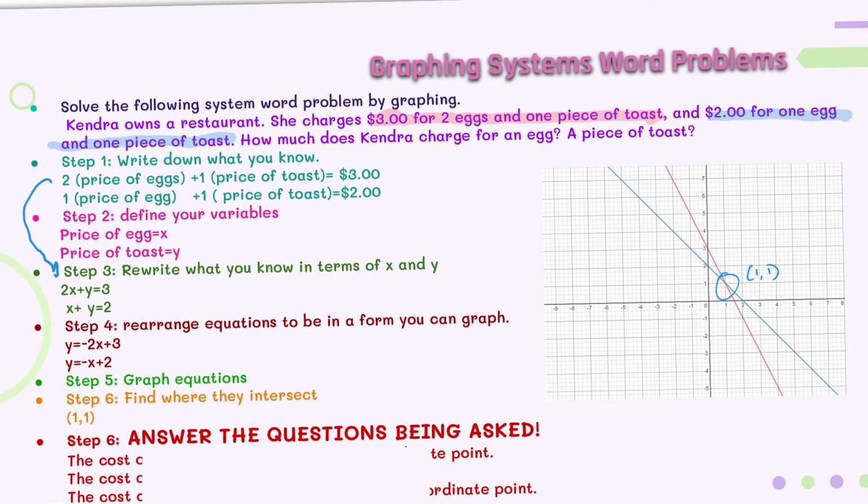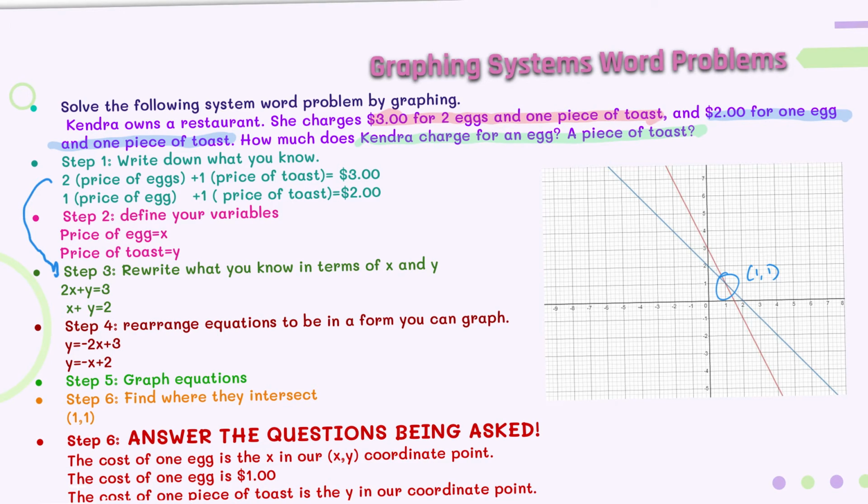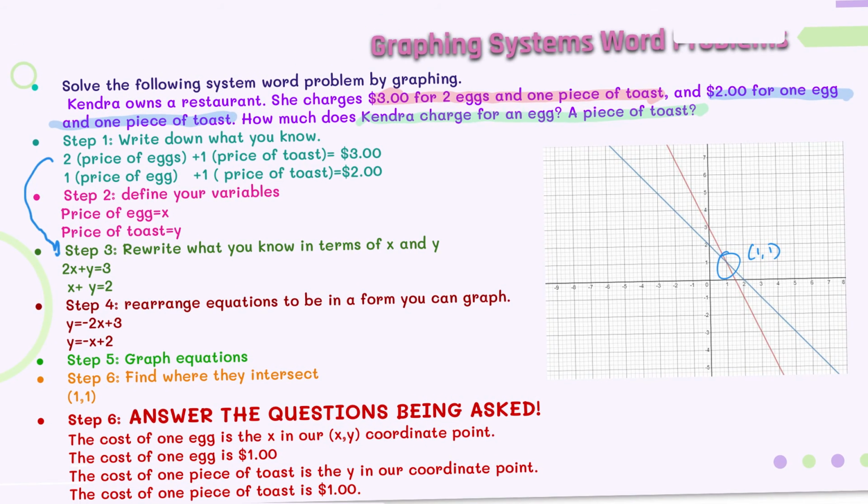Then step 6, this is very, very important: answer the questions being asked. They were asking, how much does she charge for an egg and for a piece of toast? The cost of one egg is the x in our coordinate point, so one egg is $1. The cost of one piece of toast is the y in our coordinate point, and it is $1.